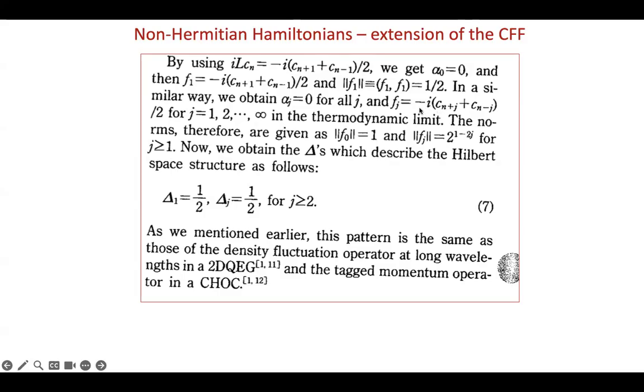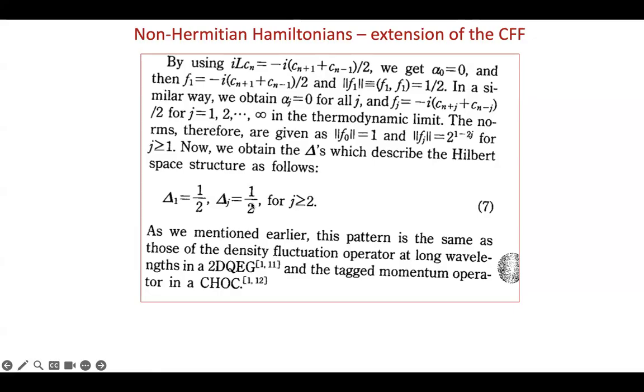So in general, all the f's can be calculated. Therefore, all the Lanczos coefficients squared can be calculated, as you see here. And in a very beautiful result, he calculated all the deltas. Everything came out to half at infinite temperature. The infinite temperature is very important. And then this, of course, we know it's a Bessel function.